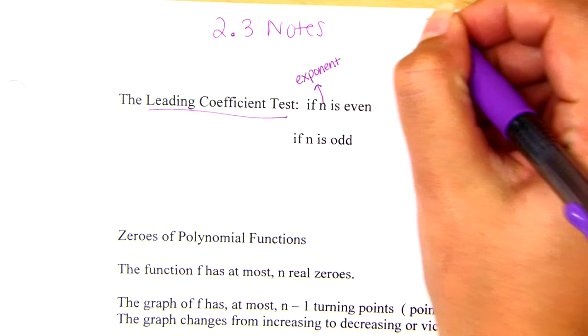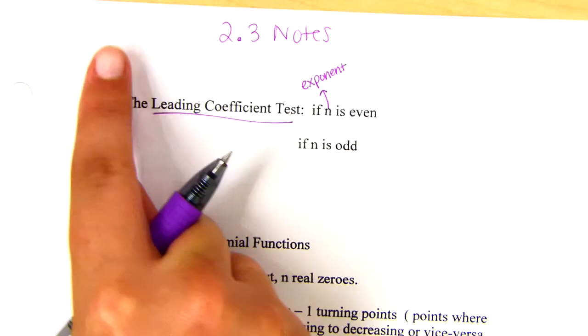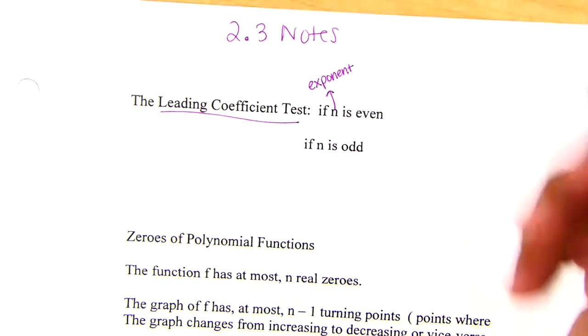When n is even, we're going to have even over here, and we'll do odd on the left side.